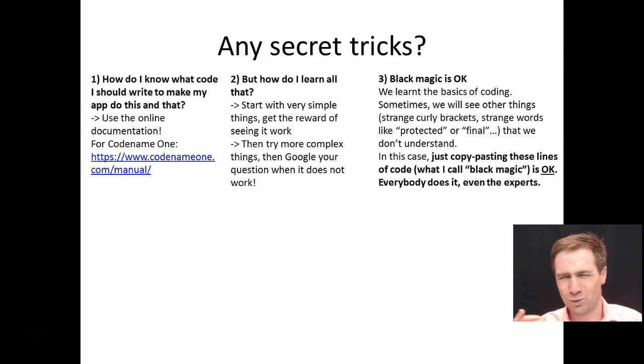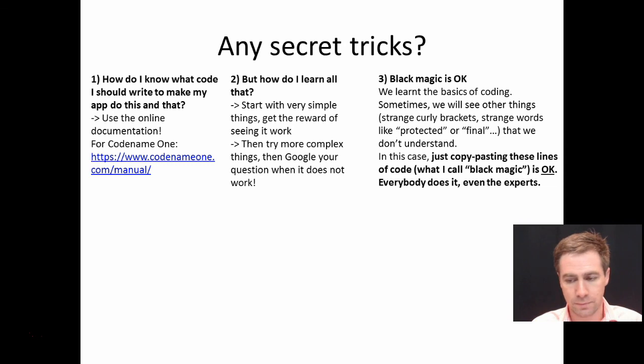But you don't understand everything. Like you see some strange curly braces, or some strange words like protected or final, I mean, you see stuff that was not covered in the tutorials we've just seen. It's completely okay in this case to copy paste this bit of code and put it in your app and try to make it work.